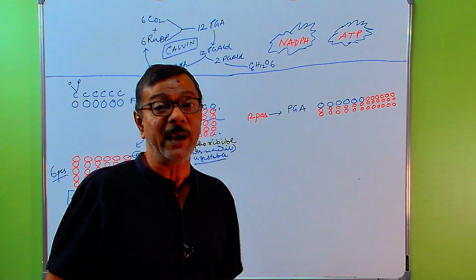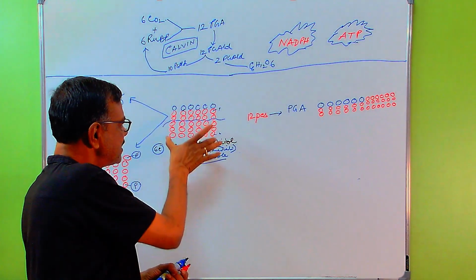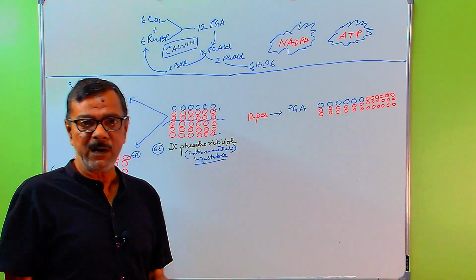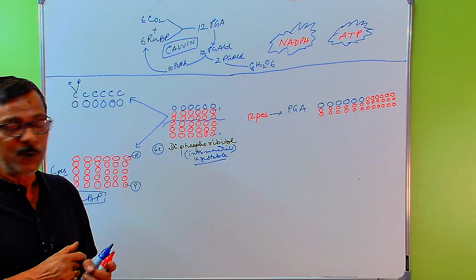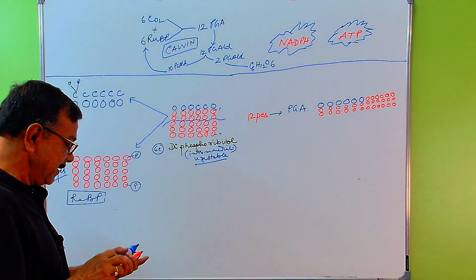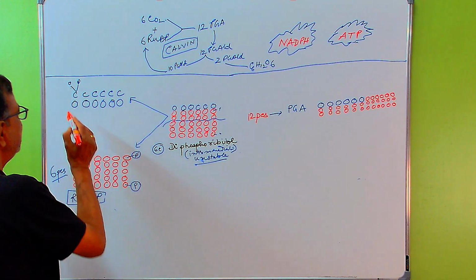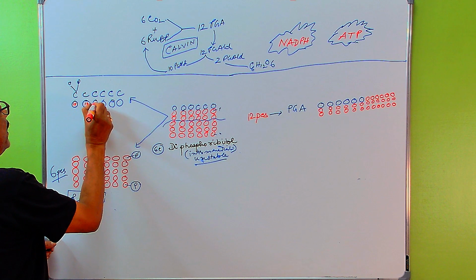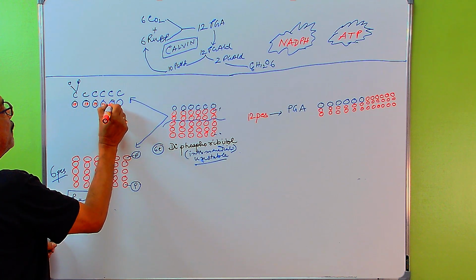Scientists were not accepting this, because Calvin was not able to explain it. So he had to go through this, and he said yes, the carbon is the 14C isotope of carbon.